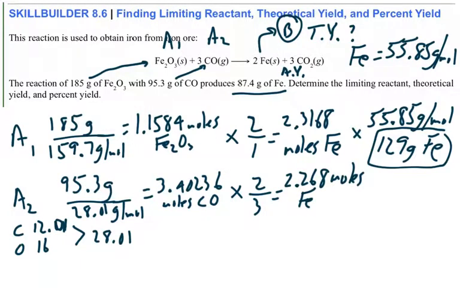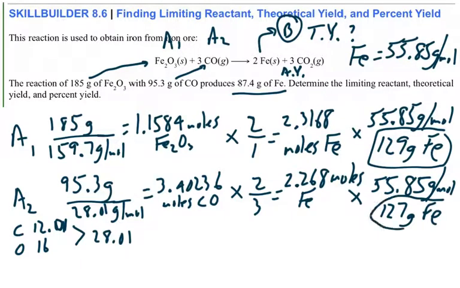And the nice thing about the last step, it's the same B, which is iron. You're going to multiply to go from moles back to grams by 55.85, and when we round this, it's 127 grams of Fe.